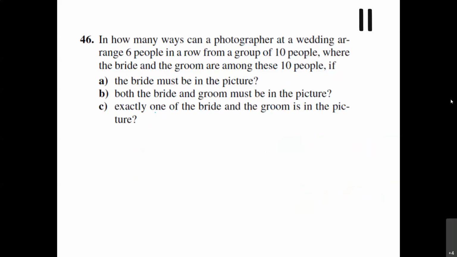Let's see. Or actually, I think here they just care that one of them is in the picture. They don't care if both of them are, but they care that at least one of them is there.